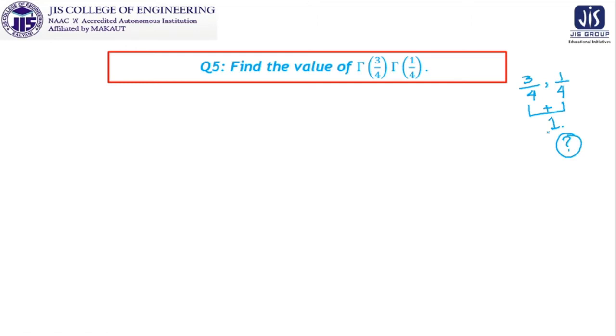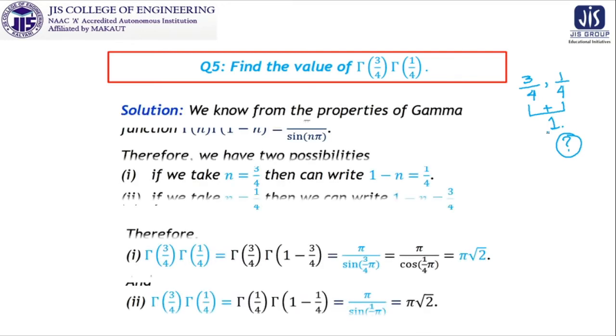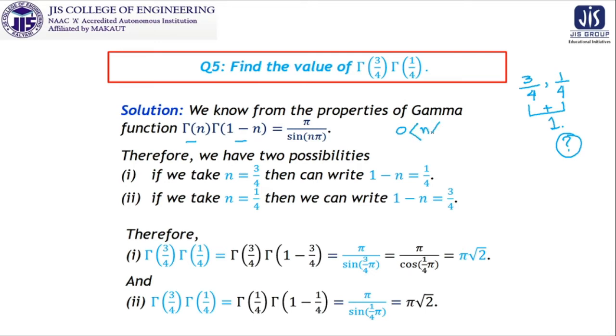You have rightly identified that there is a property, that gamma n into gamma 1 minus n will be pi by sine n pi, keeping in mind that 0 less than n less than 1, and here we can take n equal to 3 by 4, or we can take the value of n equal to 1 by 4.